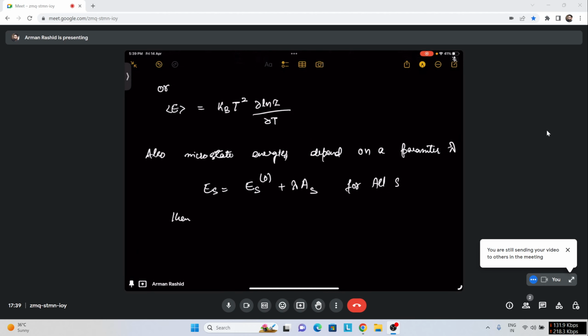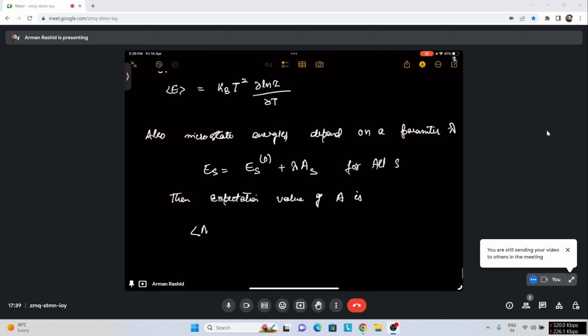Then the expectation value of A, which is the sum of As Ps, is given by minus 1 by beta d by d lambda of ln Z(beta, lambda), where Z is the partition function.